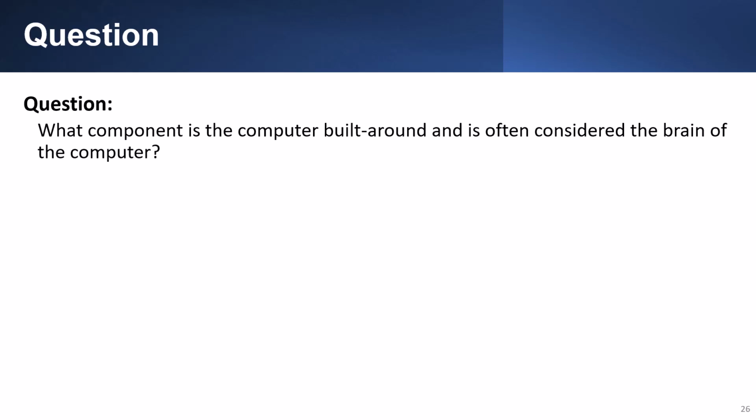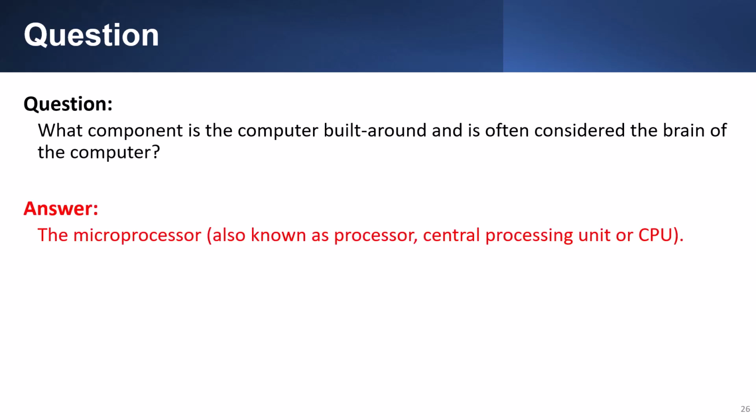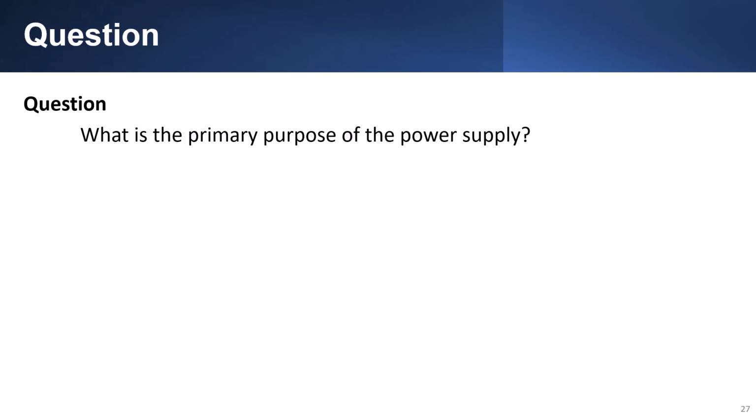Question: what component is the computer built around and is often considered the brain of the computer? Answer: the microprocessor, also known as processor, central processing unit, or CPU. Question: what is the primary purpose of the power supply?